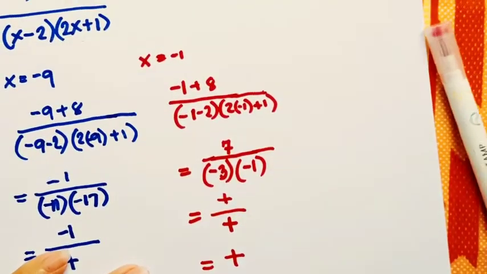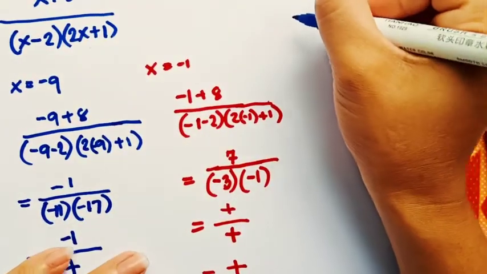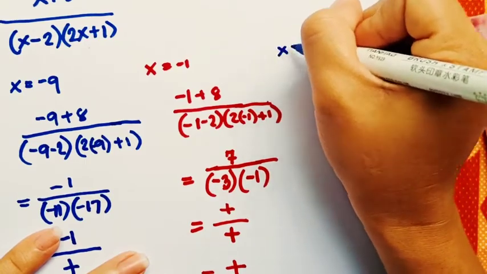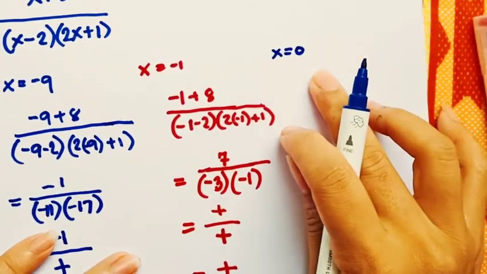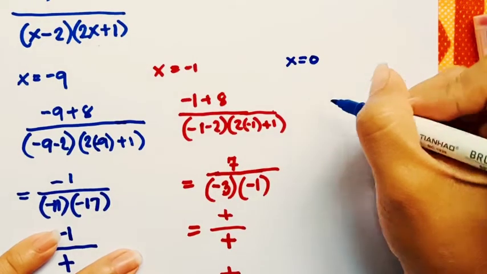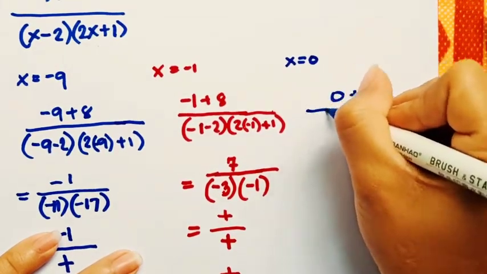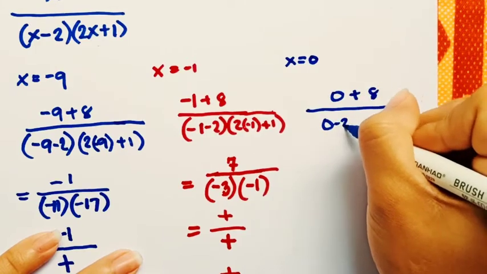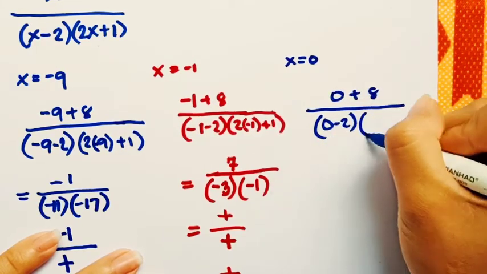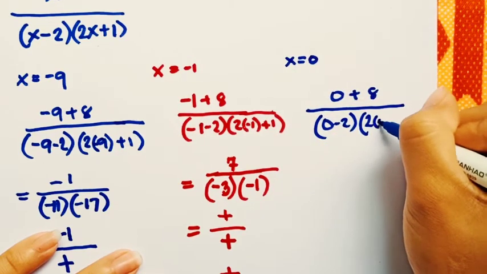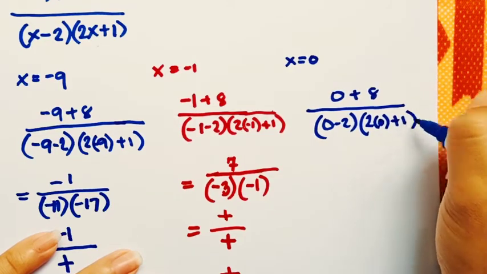Now next, diri na punta. Pag si x is equal to 0, substitute na po natin dito para mabalaan ang sign, no? 0 plus 8 all over 0 minus 2 times 2 times 0 plus 1.